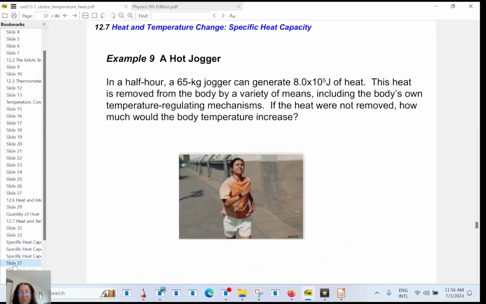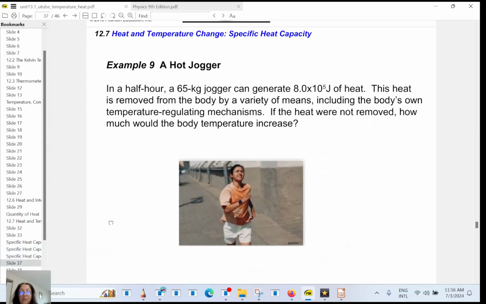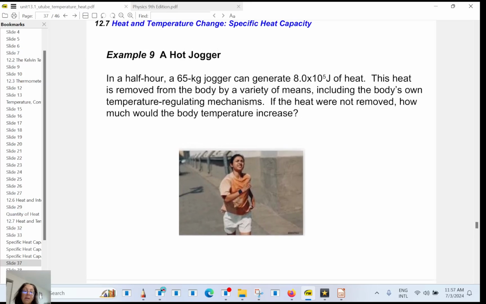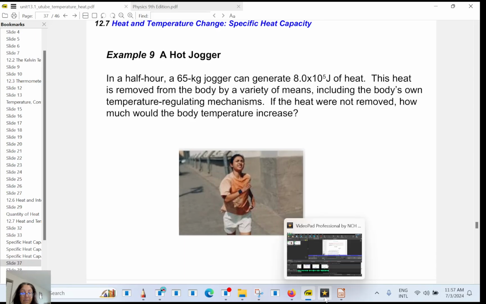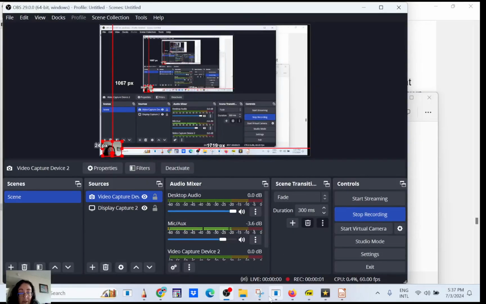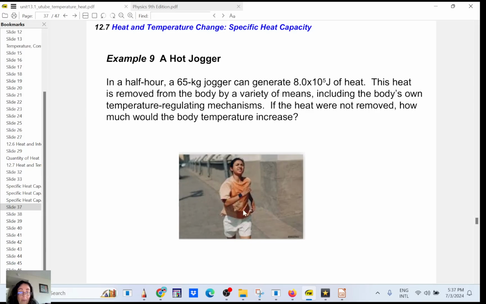So I hope this was clear. Let's start doing some math now. You can pause the video and try to answer this question. It comes from the book by Johnson and Cutnell. Let's do this very simple problem.